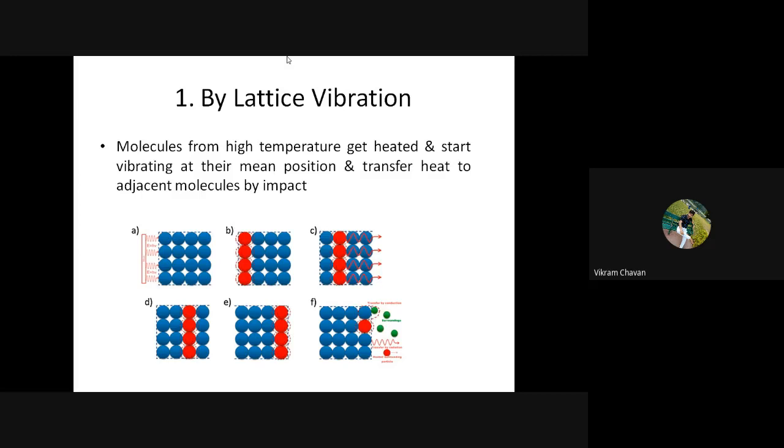Okay, so write down the first one, by lattice vibration. We have discussed that there are two mechanisms to transfer heat by conduction: one is lattice vibration and the second is free electrons.